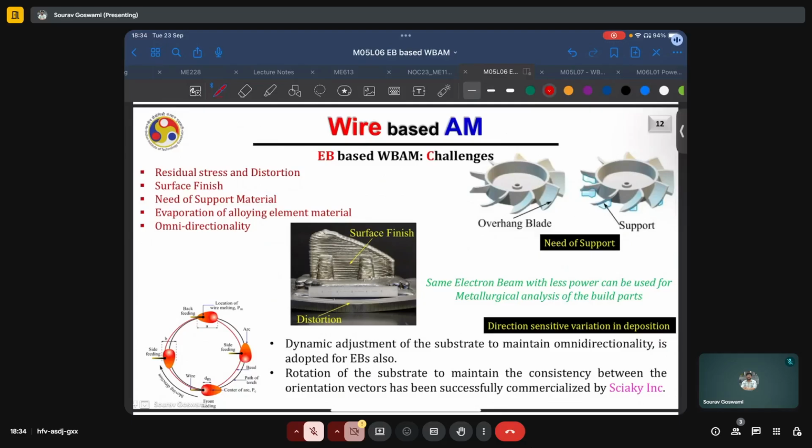The distortion is also shown here in this image, where we can see the substrate, which was initially a flat plate, has warped or distorted significantly. And this is just the distortion of the build plate. Similar distortion could also have been affected on the built part also, and it may even have been separated from this build plate.